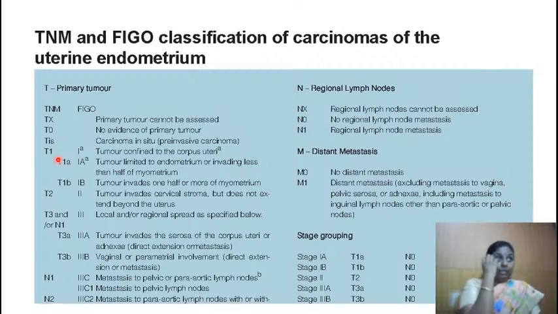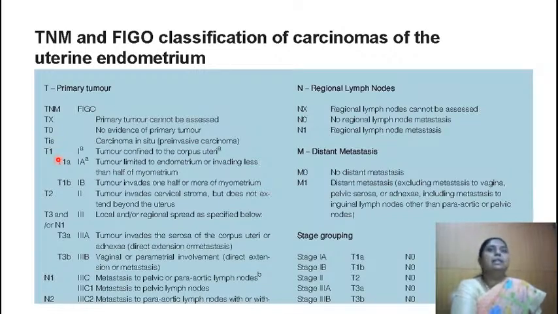Now, the second one, that was about differentiation. When we talk about differentiation, we talk about the grading of the tumor. Sorry. When we want to know the extent of the tumor, most of the time we look at the TNM classification which is used in almost every organ system. Even in the uterus, it is the TNM system which is used.